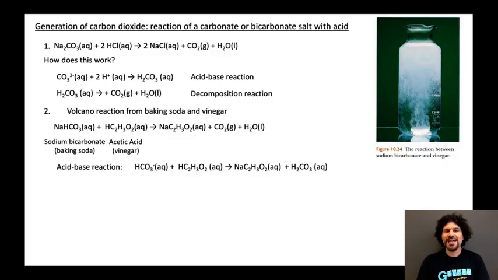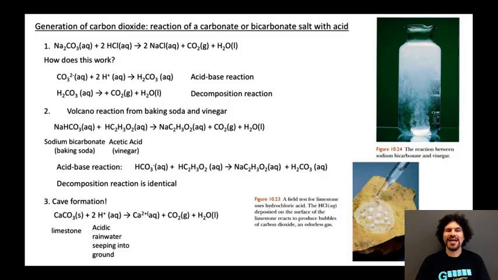Okay, so here's the ionic equation for the acid-base reaction. And then the decomposition reaction is identical to the decomposition reaction we saw for carbonate because we have made carbonic acid, H2CO3, and it's going to decompose in solution to give CO2 and H2O.